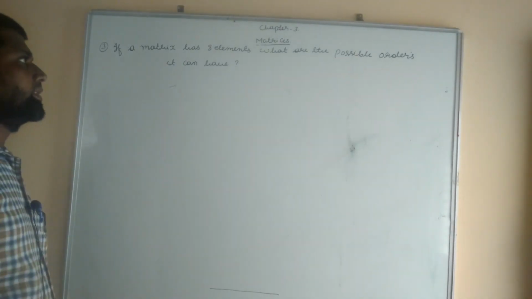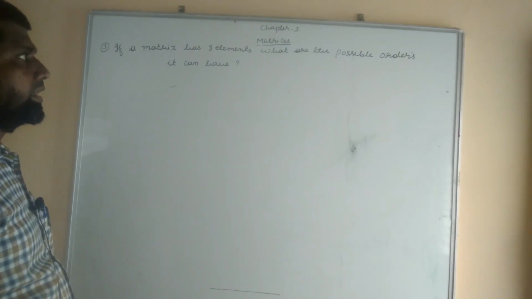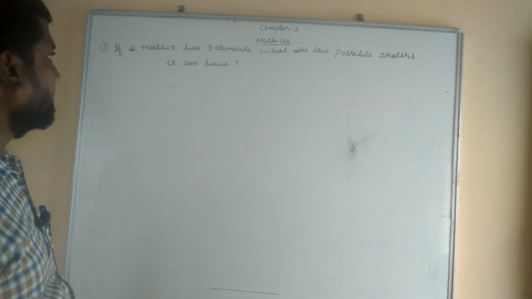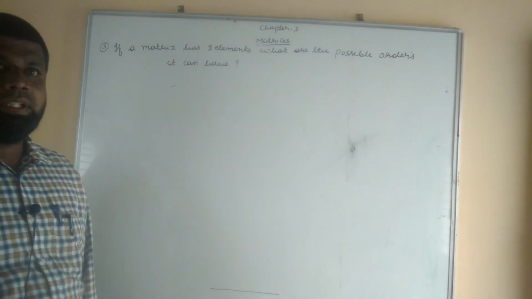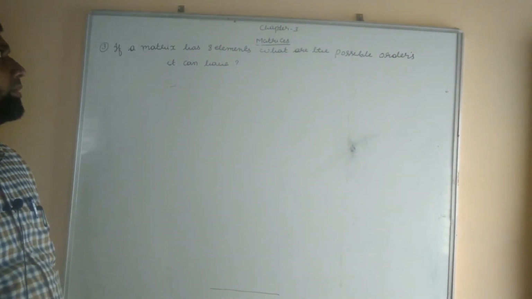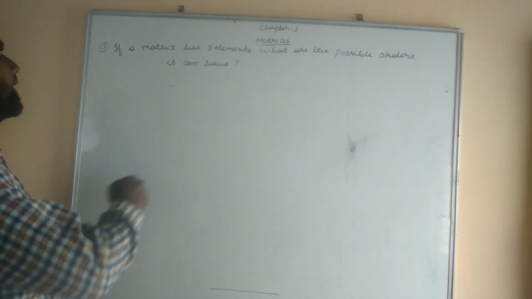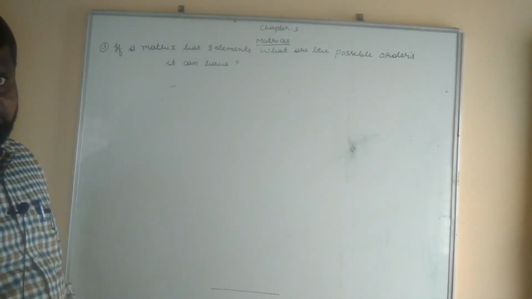So let us go for the third problem. If a matrix has 8 elements, what are the possible orders it can have? So he has given the 8 elements. We have to write the possible orders of a matrix with 8 elements.